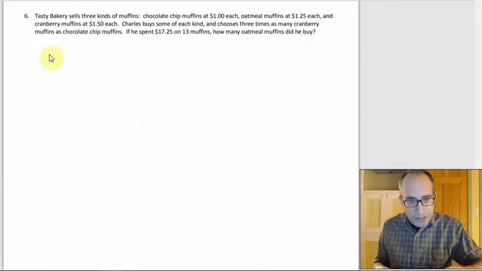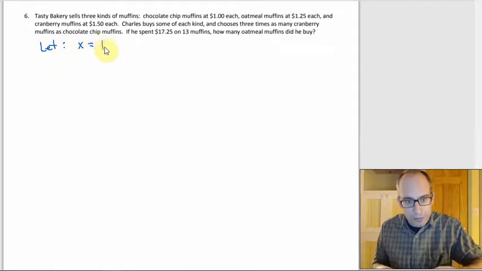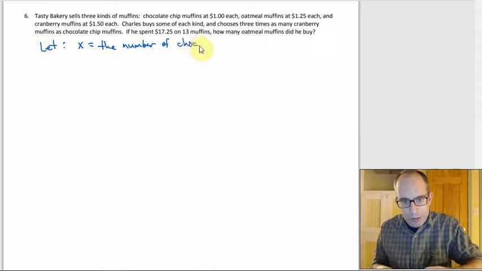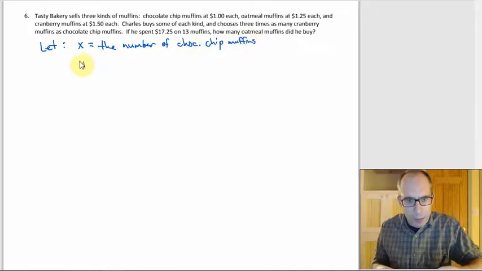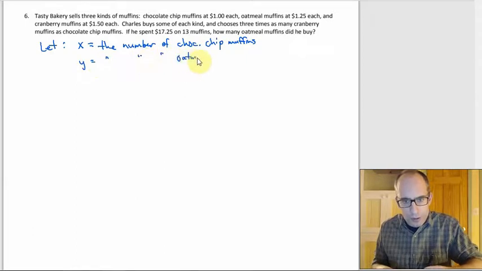So let's see. I guess we're going to need some variables. So let's say if we let x equal the number of chocolate chip muffins, and then I'm going to say let y equal the number of oatmeal muffins, and then I'm going to say let z equal the number of cranberry muffins.